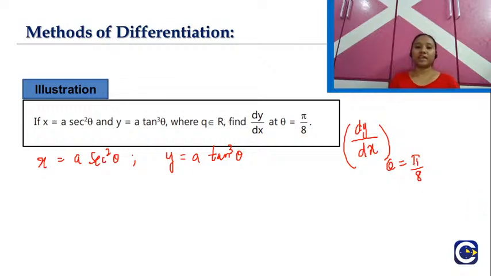So your first aim is to find the expression for dy by dx and then substitute your theta value, that is pi by 8, which is given here. So you might have not known this value at the angle pi by 8, but in the tabular form of your trigonometric ratios, you will be having the values which you have to remember. So like you have seen 18 degrees, 36 degrees and all.